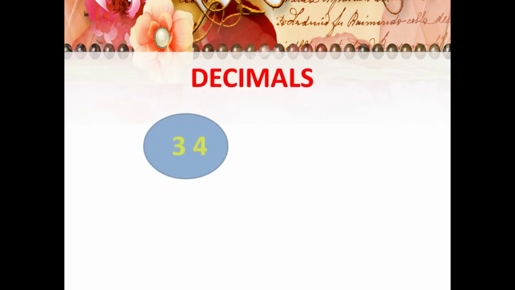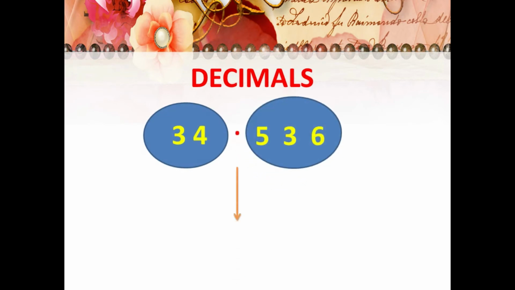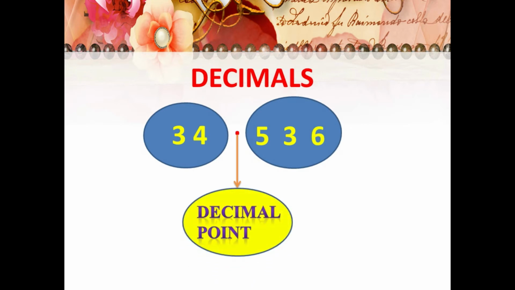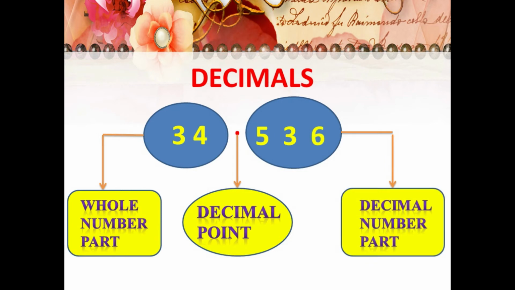Now we are going to learn about decimals. The decimal number has two parts. The dot in a decimal number is called the decimal point. Before the point, or left side of the point, is called the whole number part. After the point, or right side of the point, is called the decimal number part.